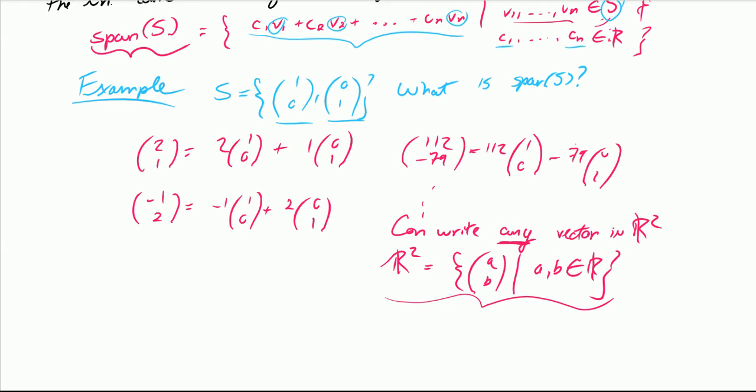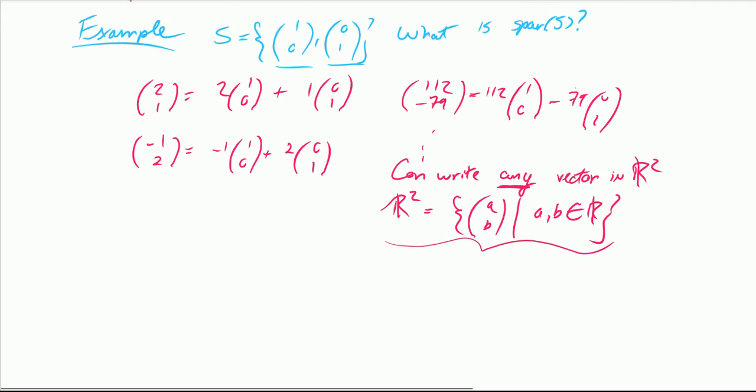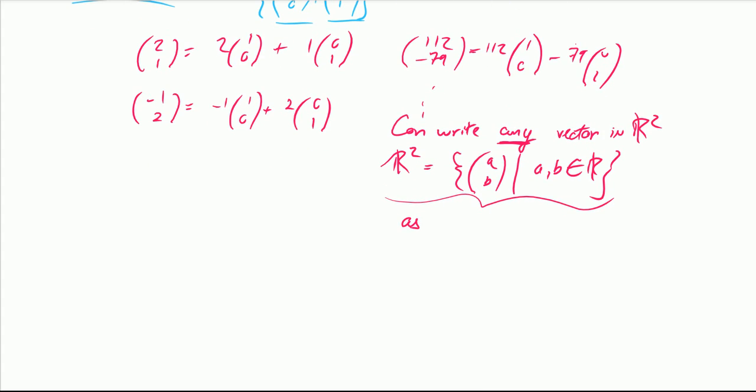R2 is a vector space. So you can write any vector in R2 as a linear combination of S, and that's because you can write (a, b) as a times (1, 0) plus b times (0, 1).